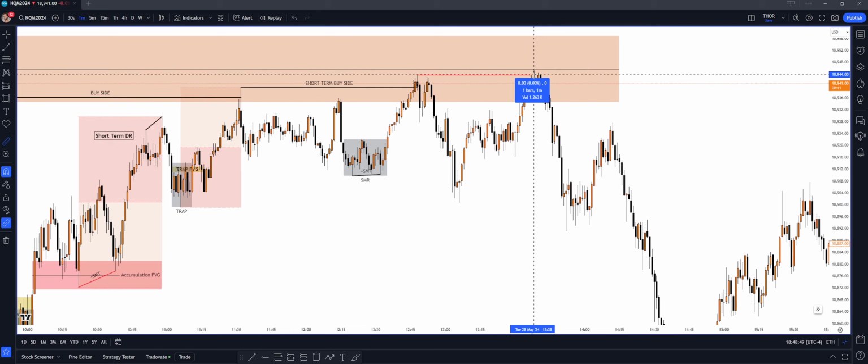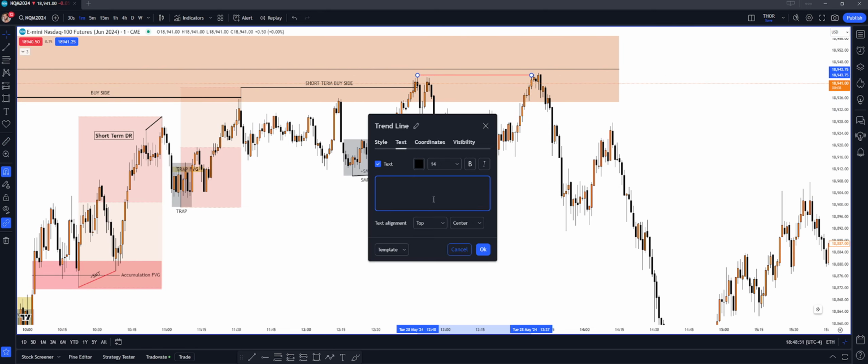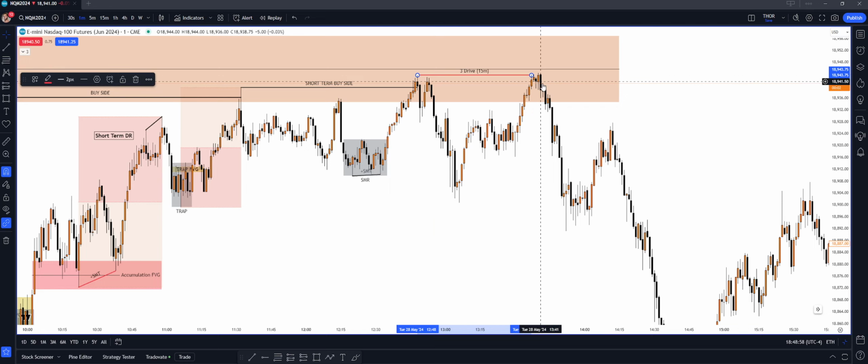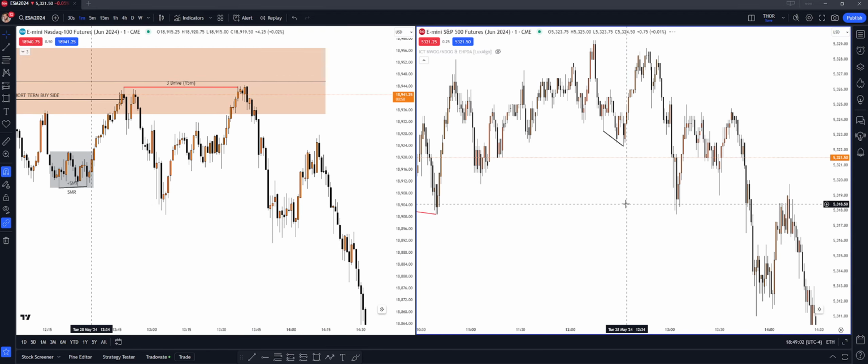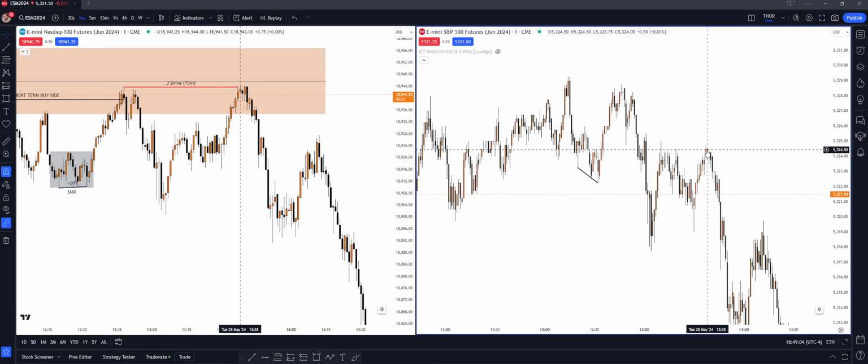This is a 3 drive high, 3 drive, 15-minute, and then the market sold off in that price action. Let's see if there is any divergence. So here, as you can see, it's on the higher time frame. There's no divergence on the 1.